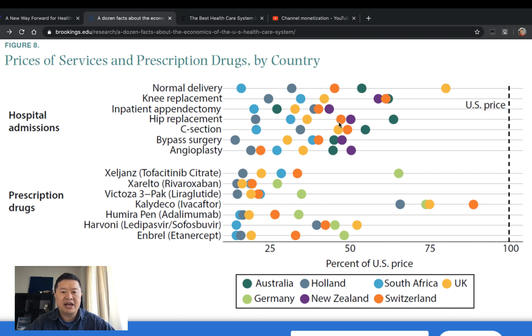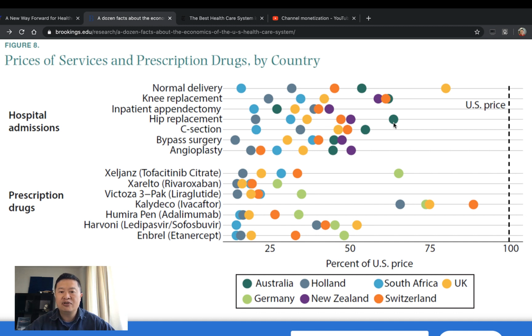If you are in the UK and you need a C-section, also less than half. And you see Australia is about a third off the US price for a hip replacement. Now, you might be thinking, well, those American knee replacements are way better than the ones in Australia or in the UK.